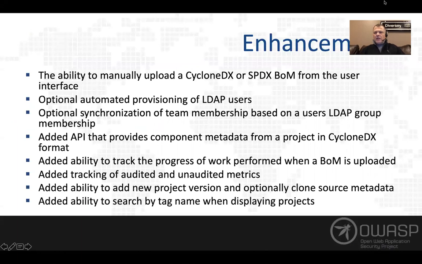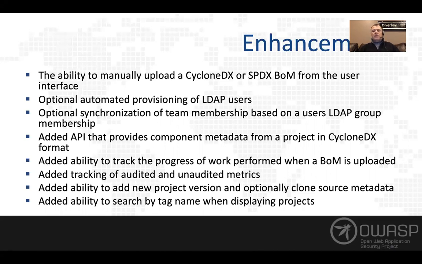So lots of enhancements in 3.3. This is basically just a copy off the changelog. We added support for being able to manually upload CycloneDX and SPDX bill of material documents from the user interface. Dependency-Track was designed to be integrated in a very automated environment, CI/CD, where you're constantly throwing bill of material documents at Dependency-Track all the time.